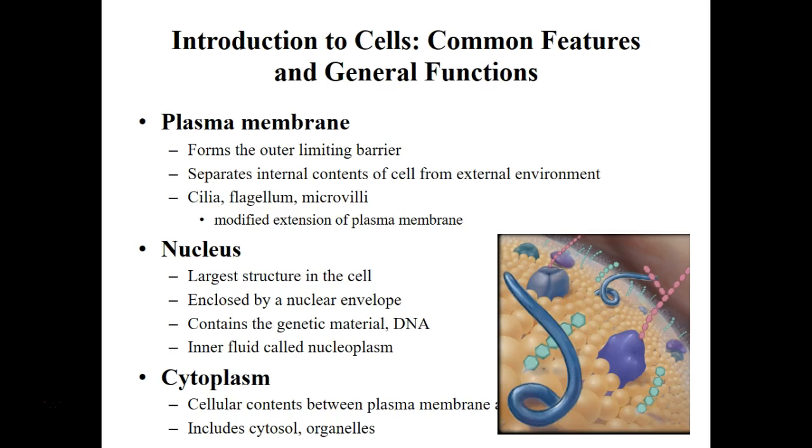It also contains smaller structures called the nucleolus. The nucleolus is where ribosomes are formed. And then we have the cytoplasm. The cytoplasm is the intracellular fluid-filled region that contains cytosol, the fluid, and organelles.